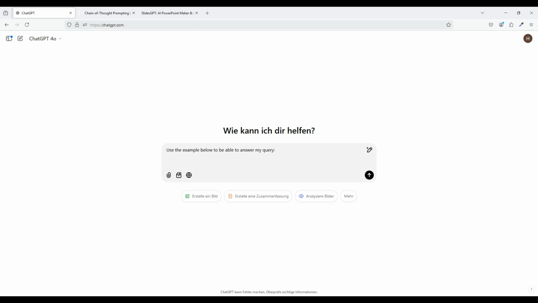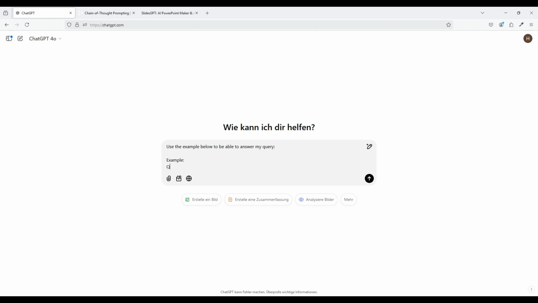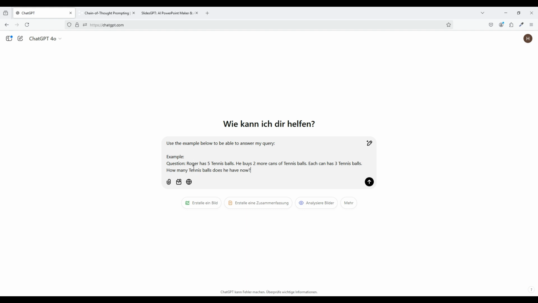And here the question example, the question that I've already prepared here is then taken from the prompt engineering guide example with Roger's example, and the answer should be like this.